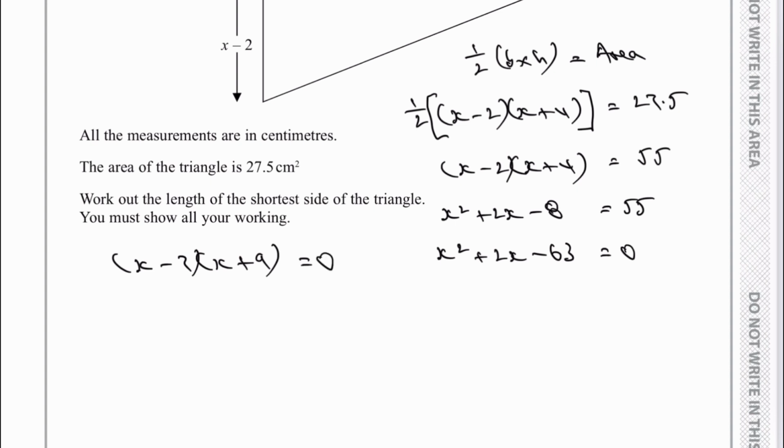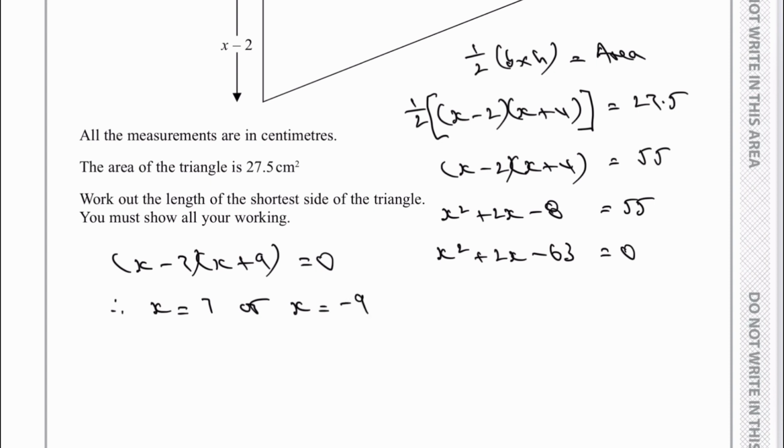The reason is that two numbers that multiply to make minus 63 and add to make plus 2 are minus 7 and plus 9. So I've got my two values of x. x minus 7 equals 0, so x must equal 7, or x plus 9 equals 0, so x must equal minus 9.